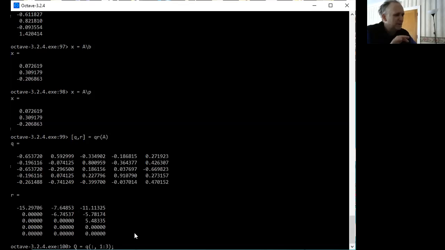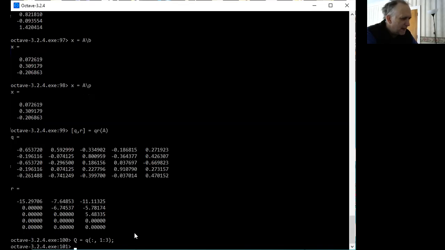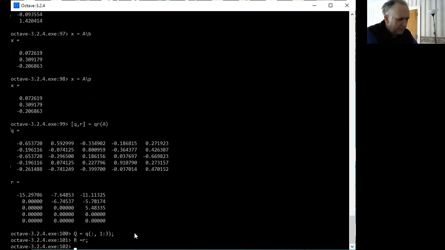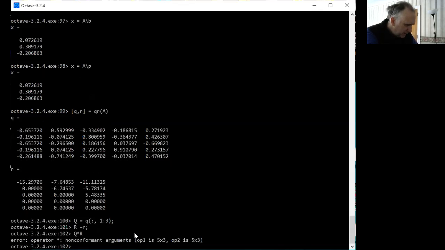They're beautiful. It gives me a full basis, but this is all I want. And now let's call R equal little r. And what do you think if I go Q times R? Wait. What the hell?